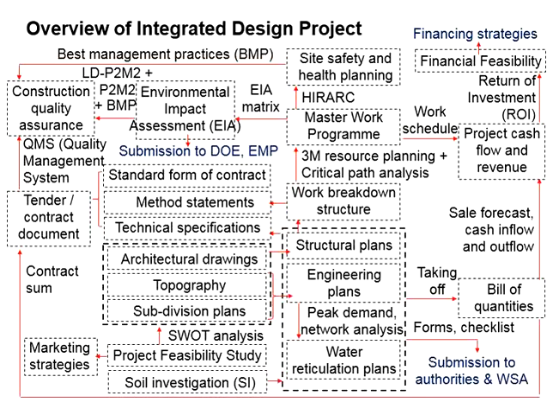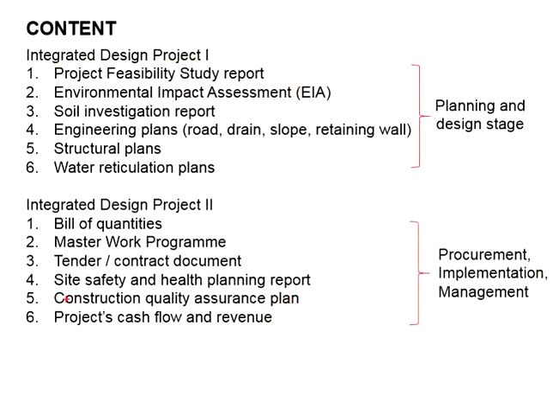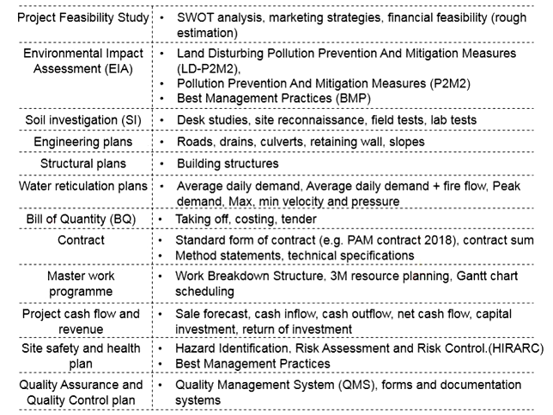You will need to fulfill the requirements by the DOSH as the regulatory body related to safety and health. All these plans are later to be translated into the best management practices, BMPs. After that, you need to work out the construction quality assurance plan, which is another scope in the integrated design project.